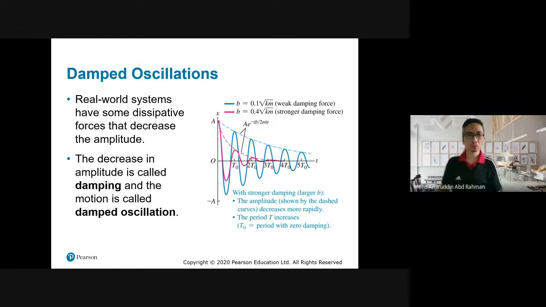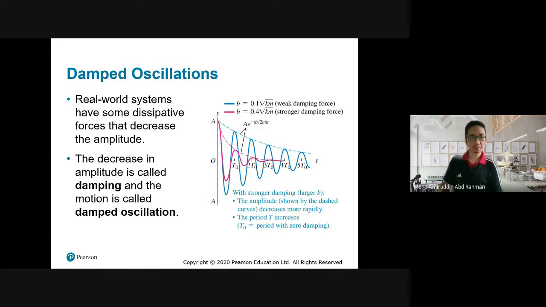For example, if we have a very strong damping force, like B, this pink one, and we relate it with this relationship, we see that with a larger B, the amplitude will decrease more rapidly, and the period increases.